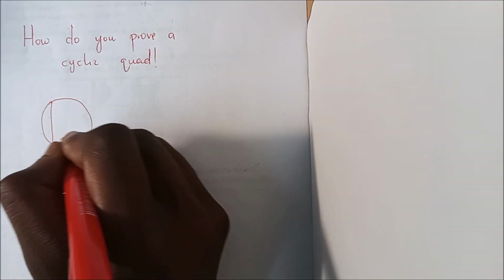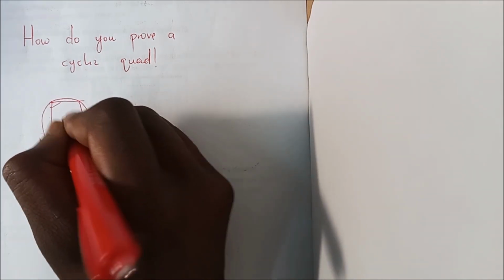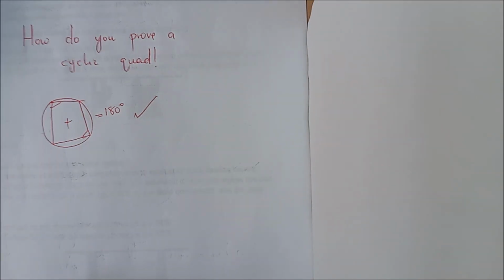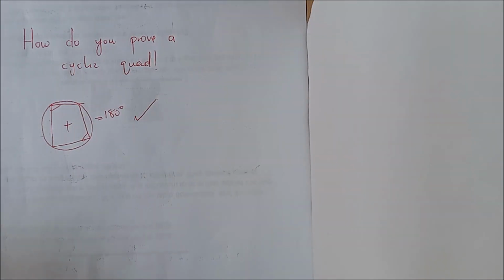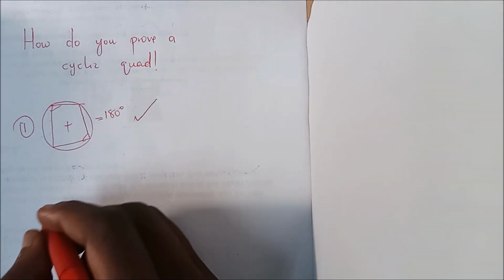I know that the opposite angles, when I add them, must give me 180 degrees. So if a question says prove that ABCD is a cyclic quad, the first thing you do is identify on the side angles which are opposite, find the size of each angle and prove that when you add them you get 180. That's number one of proving a cyclic quad.